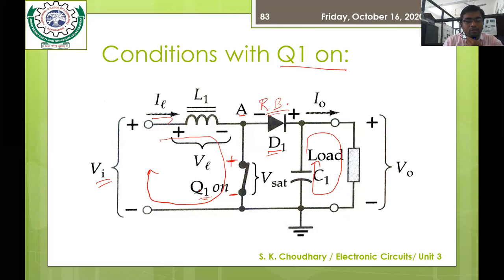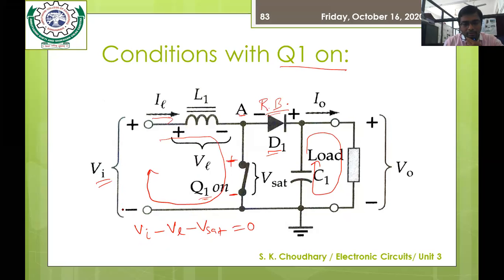Whatever voltage drop occurs across this inductor, you can easily calculate by applying KVL, that is rise in potential, plus VI, then drop in potential, minus VL, then drop in potential, minus VSAT. I think all of you are aware of how to write this plus and minus sign.